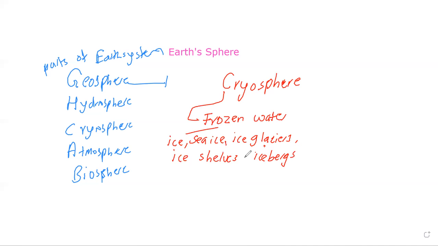Glaciers are not that big when you compare them to icebergs. These all are part of the cryosphere. Continue. Permafrost is the frozen ground found at high latitudes. Most of the frozen water on Earth is found in the ice caps in Antarctica and in the Arctic. These two places, mostly we find these.